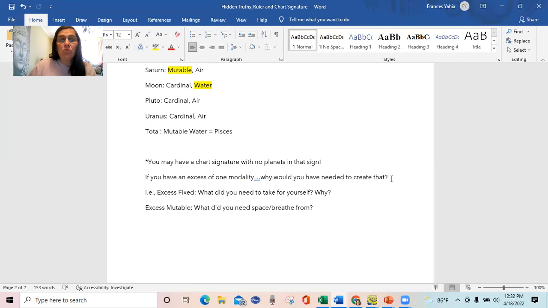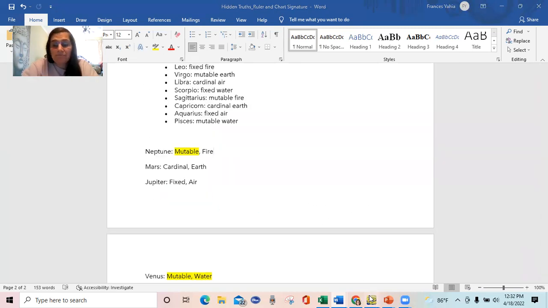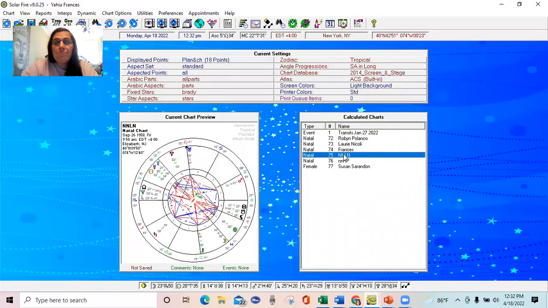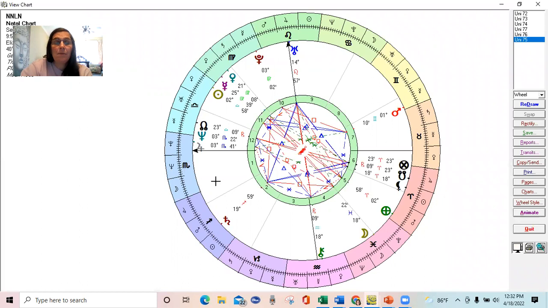So I just wanted to bring that up today. I thought it was important. So let's look at a couple. Here's somebody who's ruling, their ascendant is Scorpio. So you would go to Pluto, and this person would obviously have a relationship between their ascendant and their 10th house, which is Pluto.